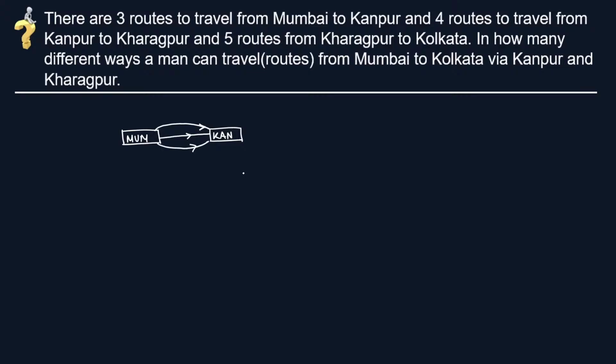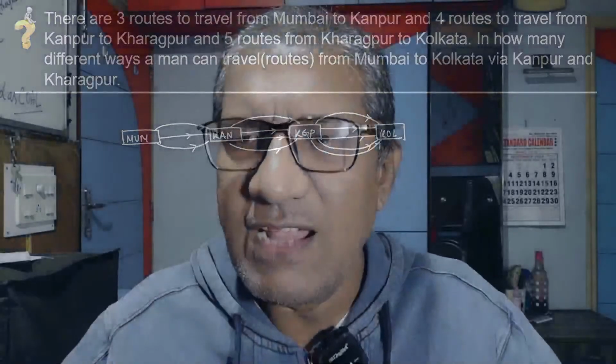Then from Kanpur to Kharagpur, there are 4 routes. Right? And from Kharagpur to Kolkata, there are 5 routes. 1, 2, 3, 4, and 5 routes.